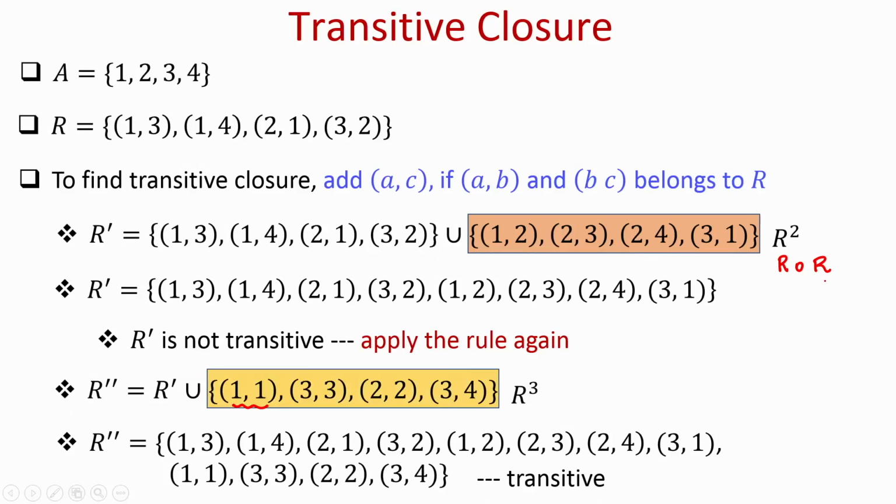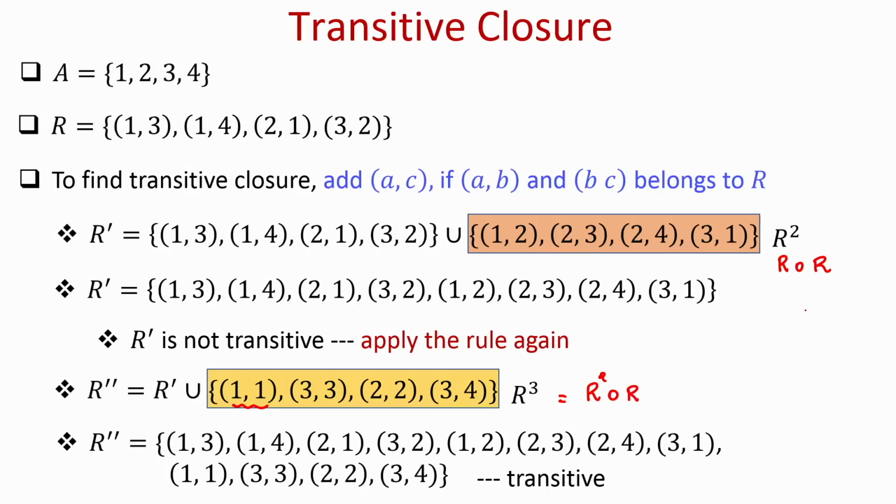In the same way, when I expanded R prime to R double prime, the tuples which I added are nothing but elements of R cube, and recall R cube is nothing but R square composition R, and so on.